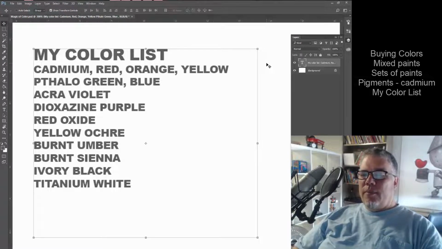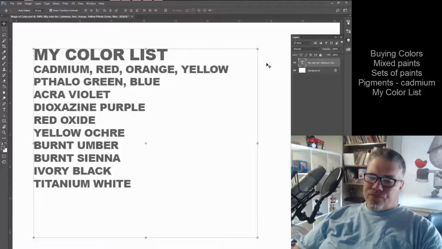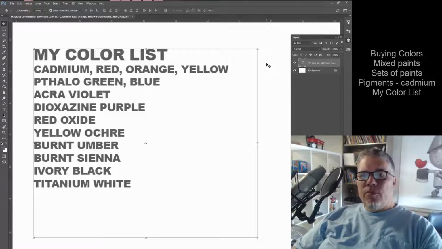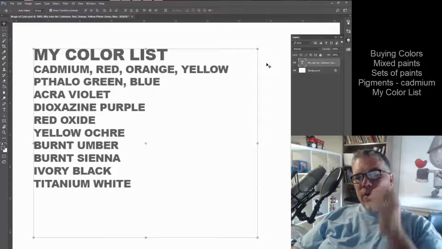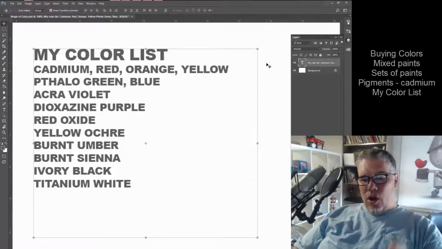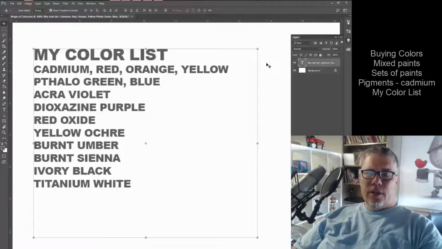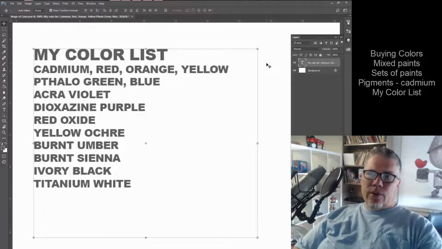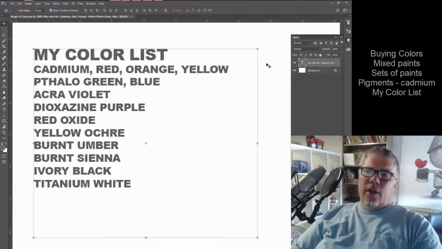The only time that I would say that would be a good time to buy pre-mixed colors. And when I say pre-mixed, what I'm saying is, like this list that I'm giving you right here, they're all pure pigments. They're not two different pigments combined with white or black or other things. They're just the pure pigment. So you've got the answers all right there.